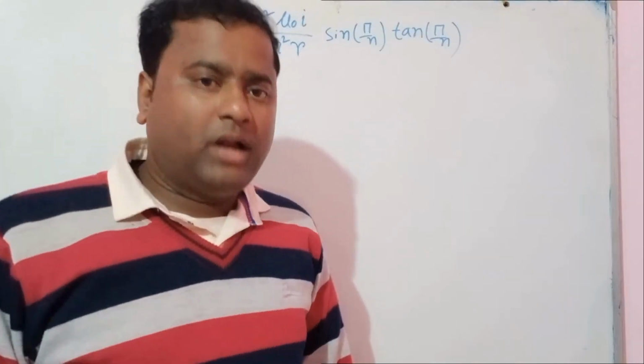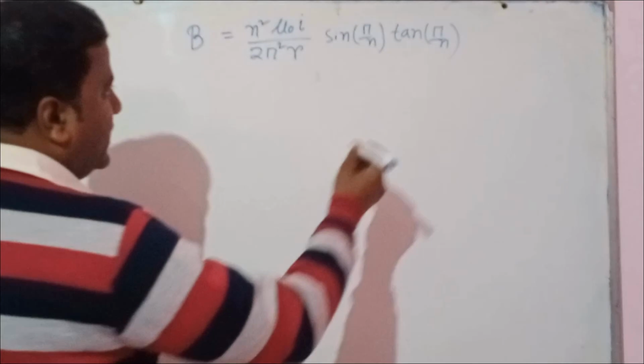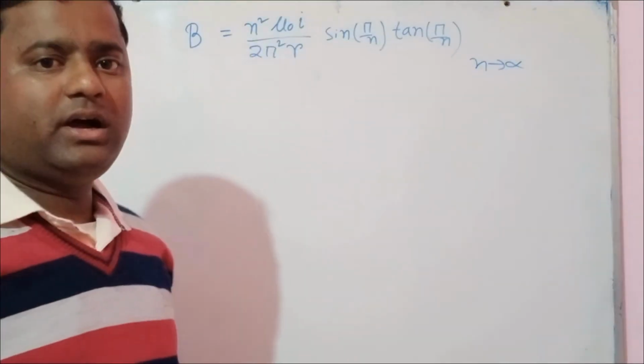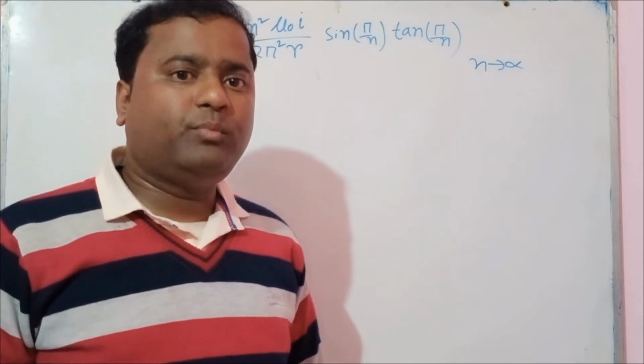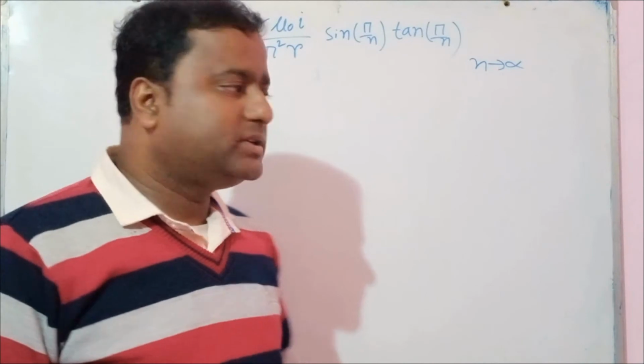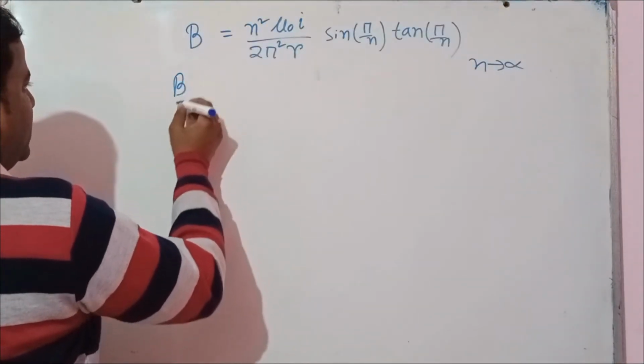Okay. Now we have to approximate this result when n tends to infinity. That is, the number of sides of the polygon n tends to infinity. What will be the result? We use here the formula of limit.